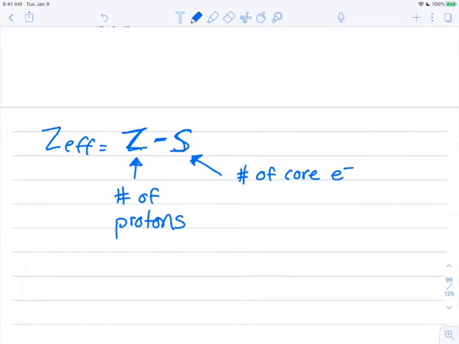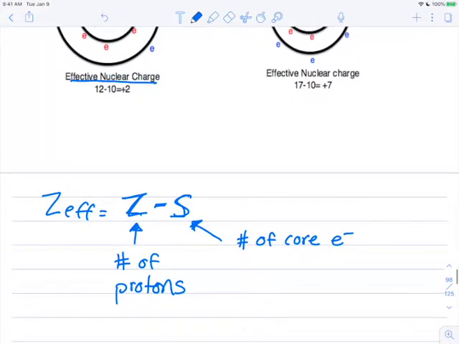Again, if you go up into higher levels of chemistry, you'll learn that the shielding factor actually has a little bit more to the calculation, but for us it's going to be the number of protons minus the core electrons. All right, so let's take a look at some examples.